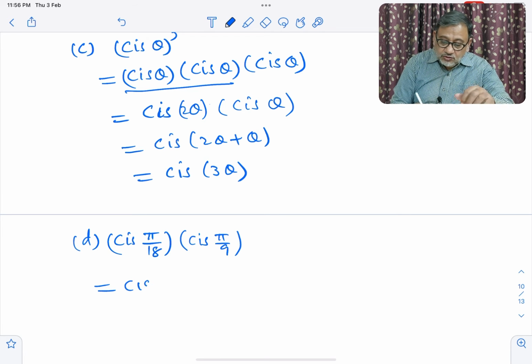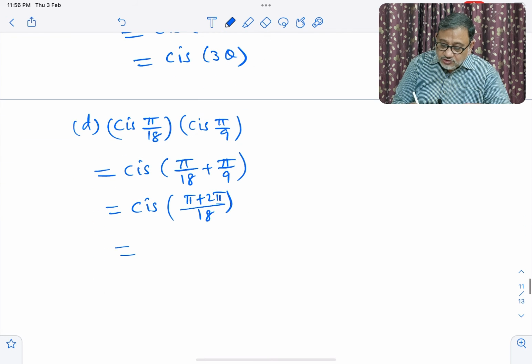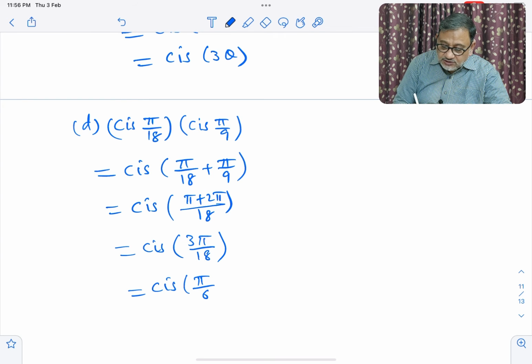So as we know the property, multiplication changes to plus, so cis pi by 18 plus pi by 9, and this will have LCM 18, so pi plus 2 pi, so 3 pi by 18, which will become pi by 6, cis pi by 6.